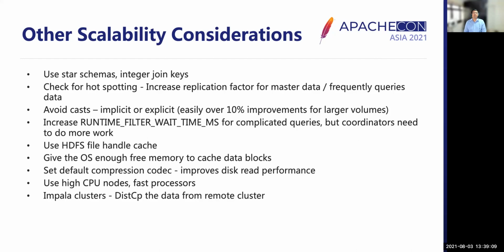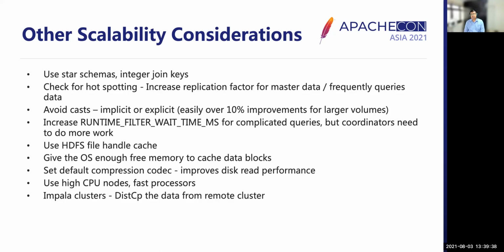By increasing the replication factor for those tables, you make sure that queries that are joining, let's say, a customer dimension or a date time dimension or a product dimension, don't hotspot on certain executors, because that is where the replicas of that limited master data are. So you replicate your master data, say if you have a very large cluster, let's say 10 times. Thereby you get a much smoother performance where there are a lot more replicas to choose from and you don't hotspot.